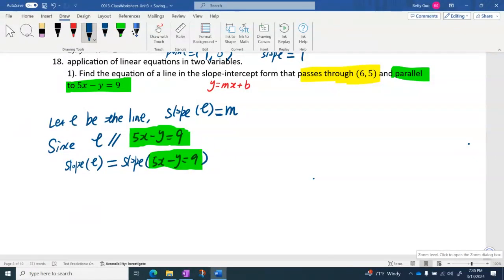The green equation is in the standard form. Anyone would like to help me find the slope of the green?